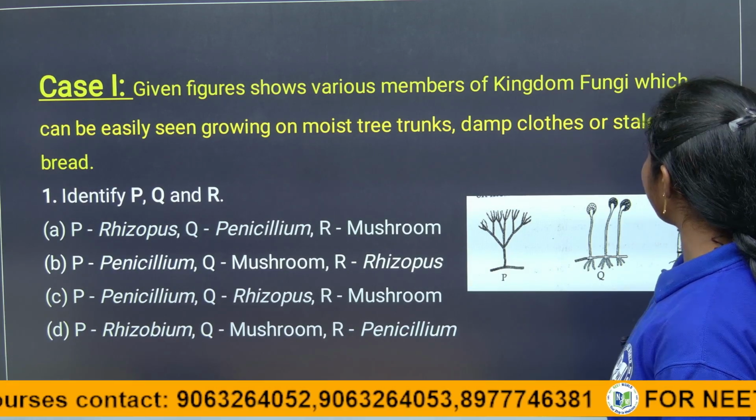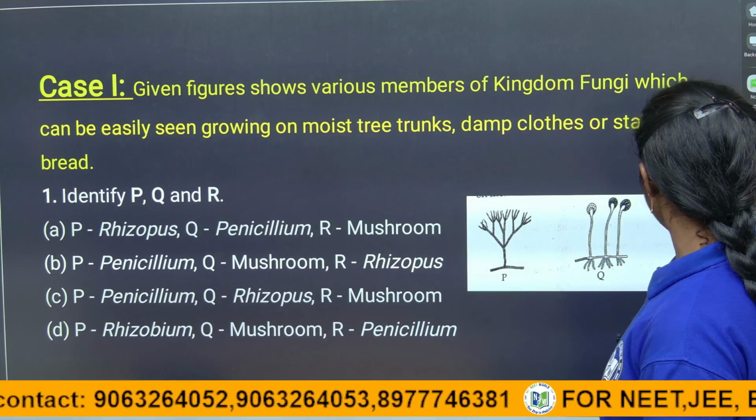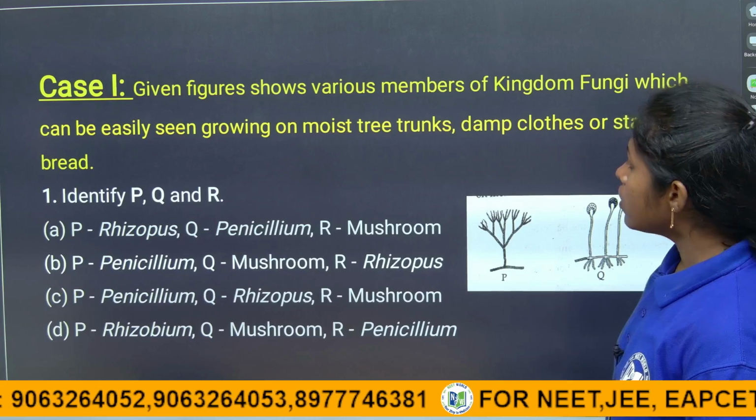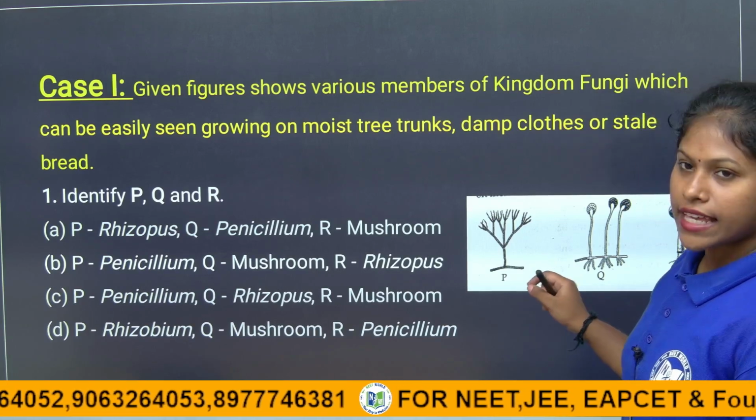So here, P, Q, R of kingdom fungi are given. Identify what P, Q, R are.